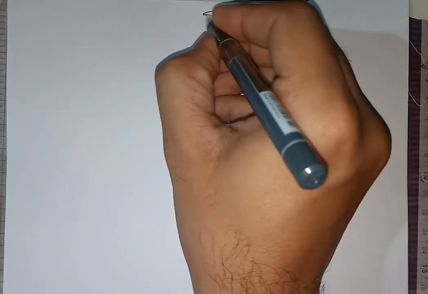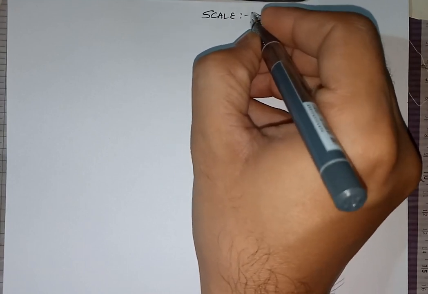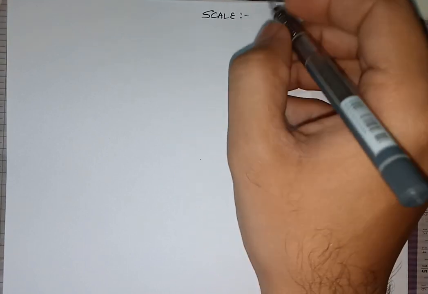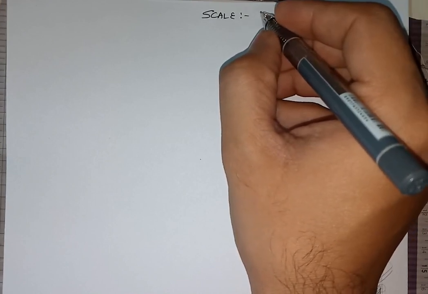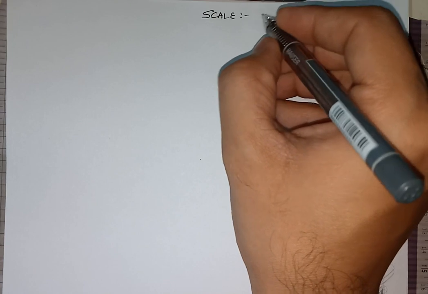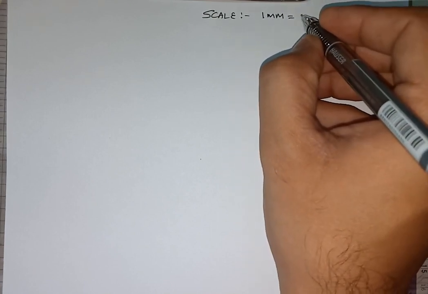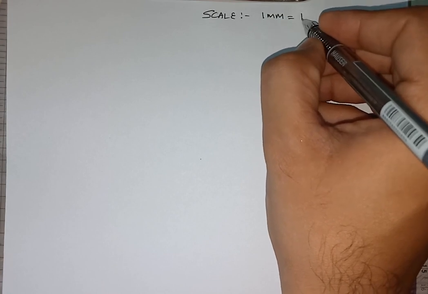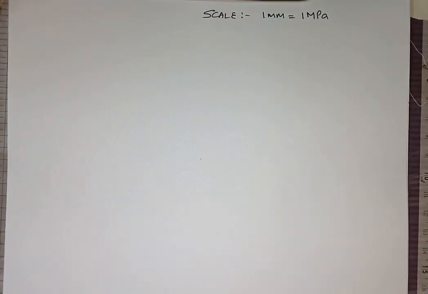I will assume the scale as, maximum value is 100 MPa. So I'll assume 1 mm is equal to 1 MPa.